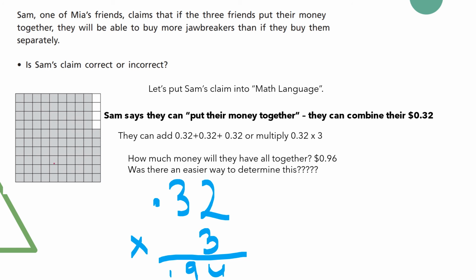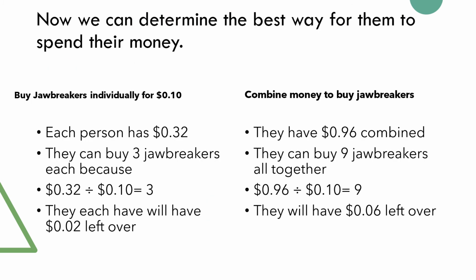Interesting. We knew this already. Where did we get this information? They told it to us in the very beginning. So we could have figured out that if they were sharing their money, when they combined it, it would be back to the original amount. Now we can determine the best way for them to spend their money and see if Sam was right.